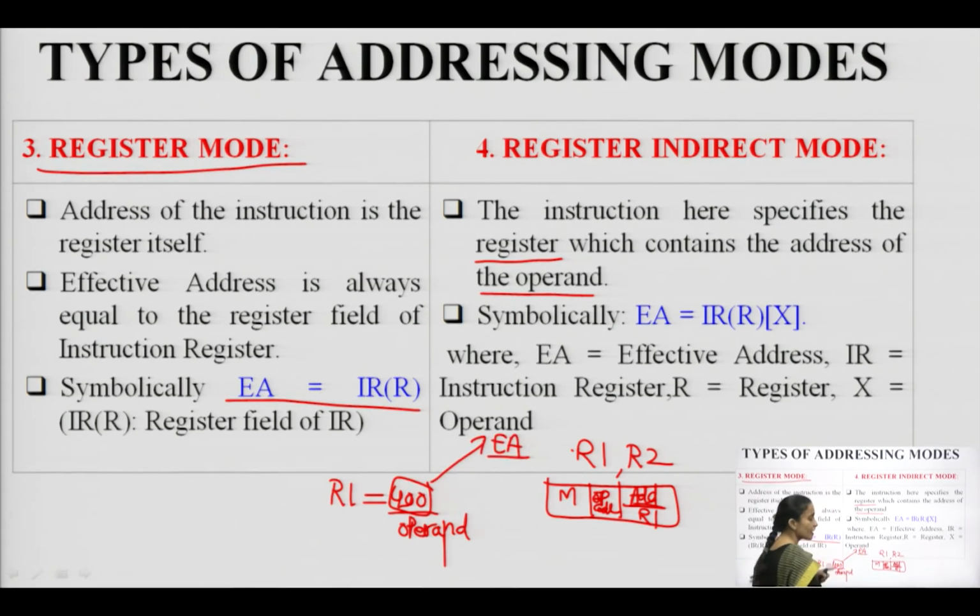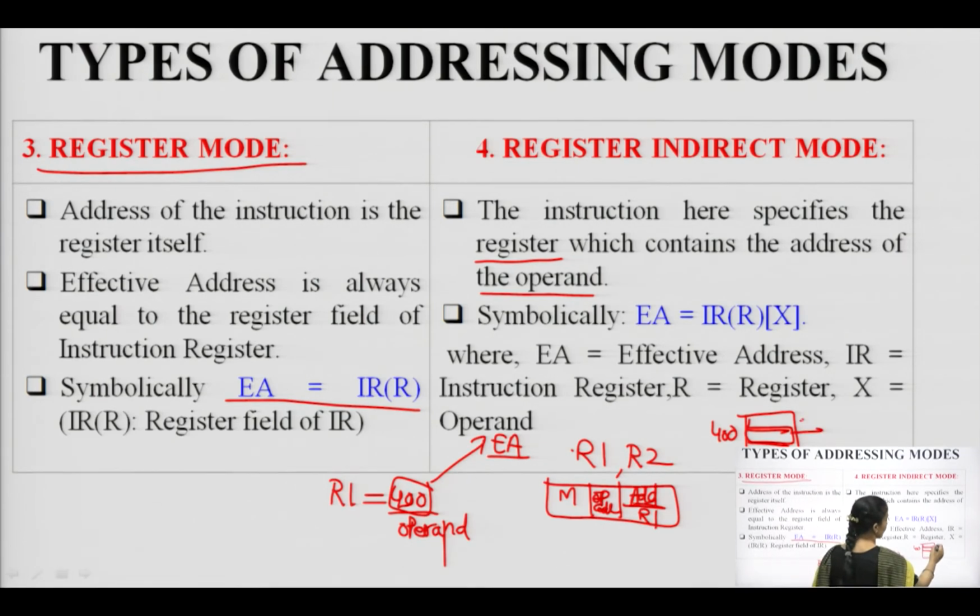That means whatever is the value of my processor register, either R1 or R2, here I have taken R1, the value 400 will be treated as the address. So, at location 400 inside my memory, whatever value I have, that will be my operand, and this 400 will be my effective address.